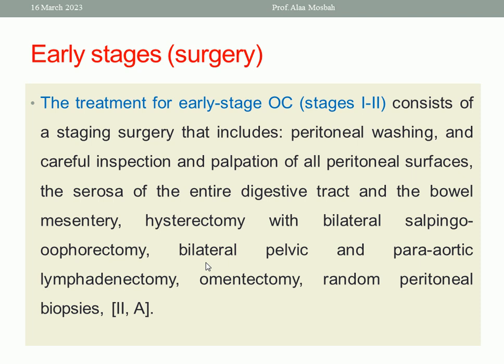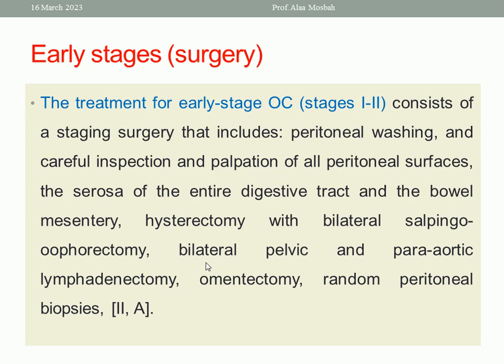Okay, treatment for early stage consists of staging surgery, or what's called staging laparotomy. You first start with peritoneal wash, or taking a sample of the ascitic fluid, or do peritoneal wash with saline and send the sample for the lab.